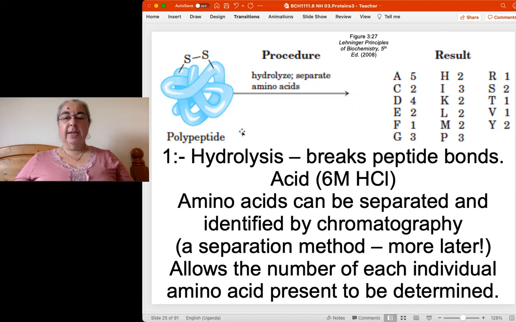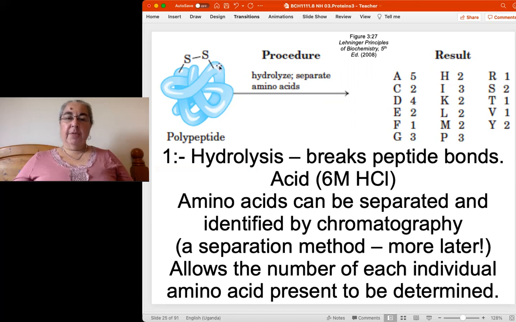Hydrolysis can be done by using a strong acid, which attacks the peptide bond and returns the water. Okay, so 6 molar hydrochloric acid will hydrolyze most proteins.